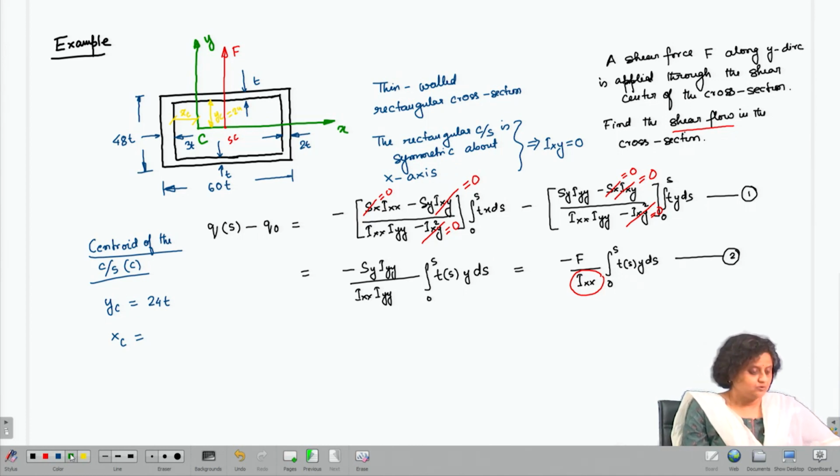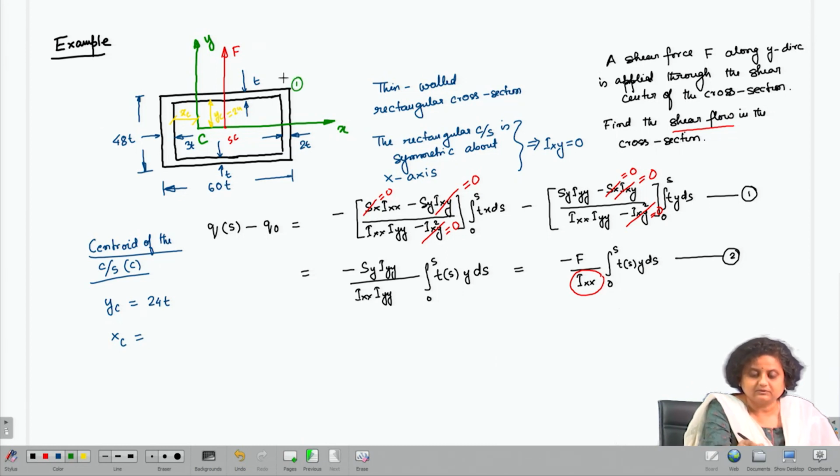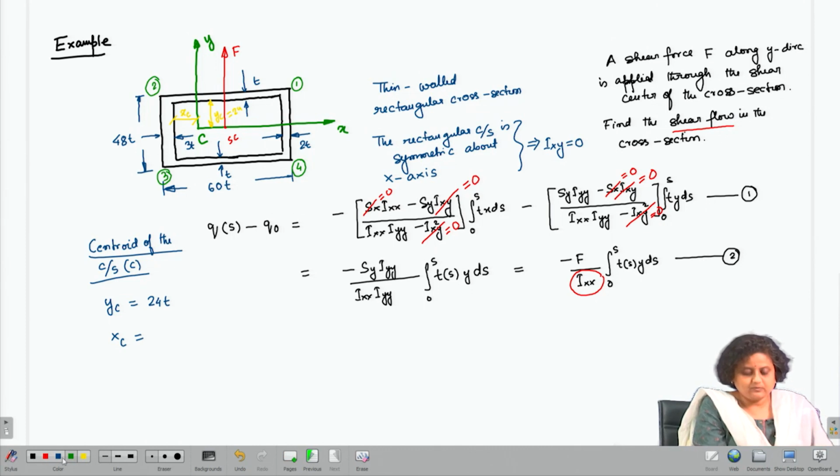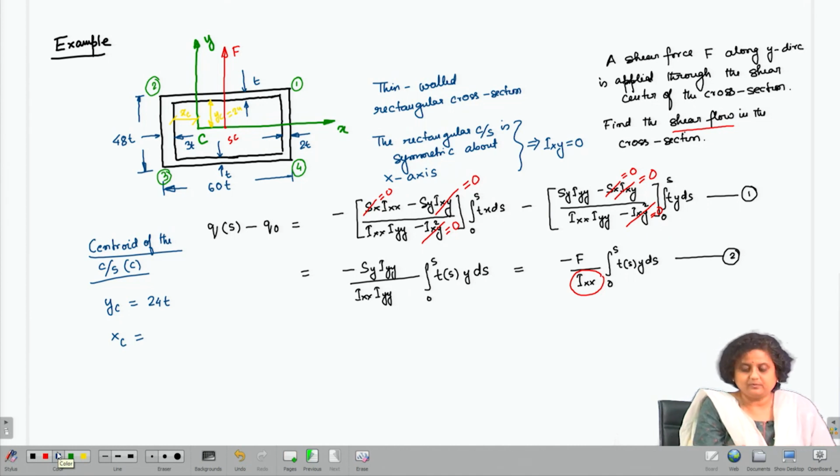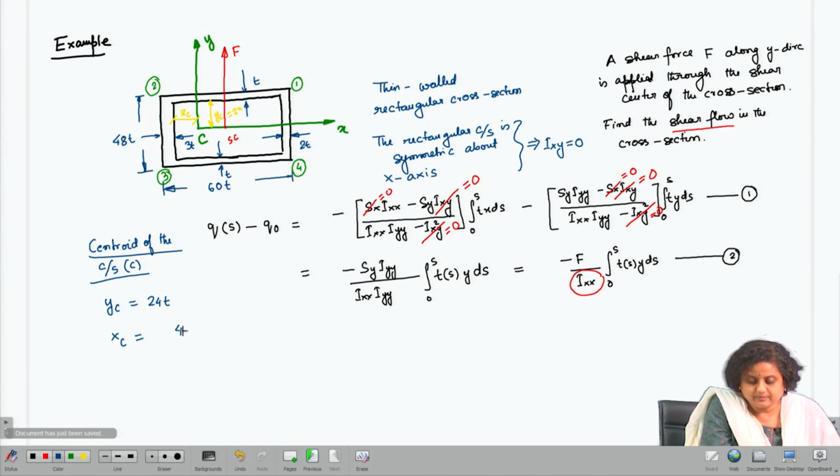So, let me call this as 1, this as 2, this as 3, this as 4. Now, when we are finding out x c, because of portion 1 4, it is going to be 48 t into 3 t.